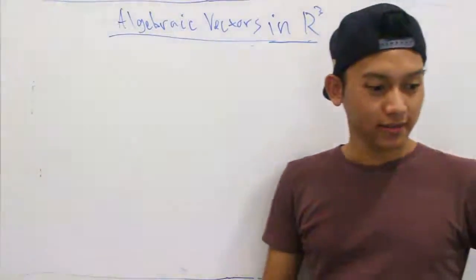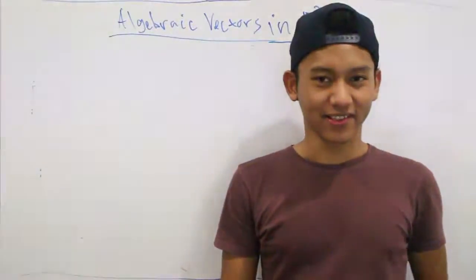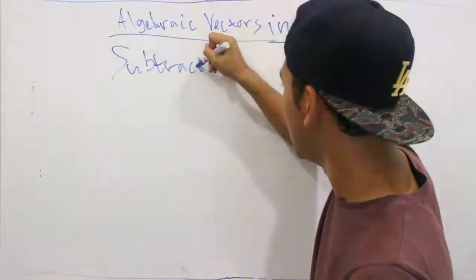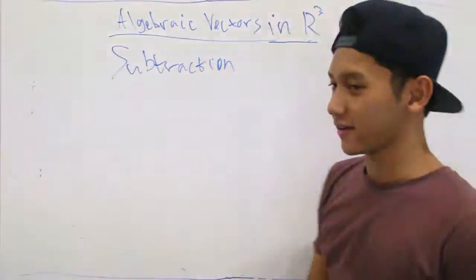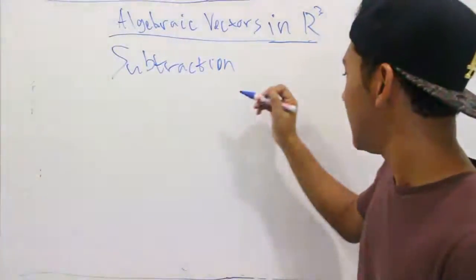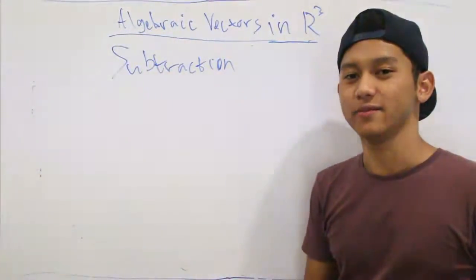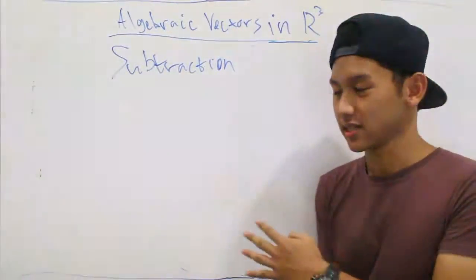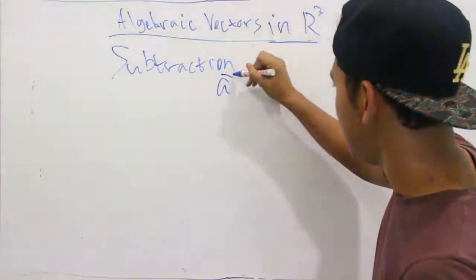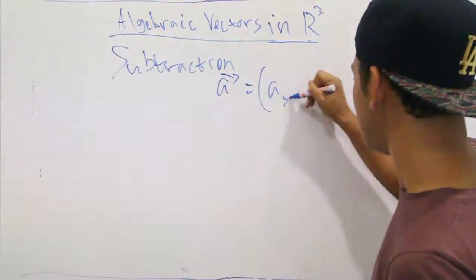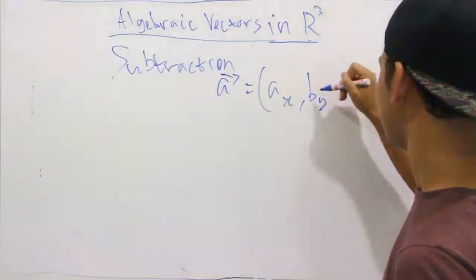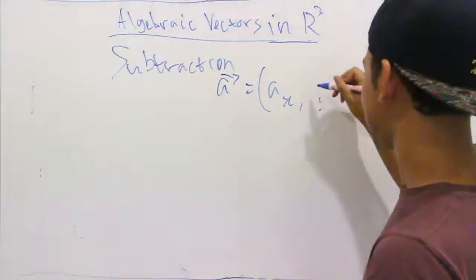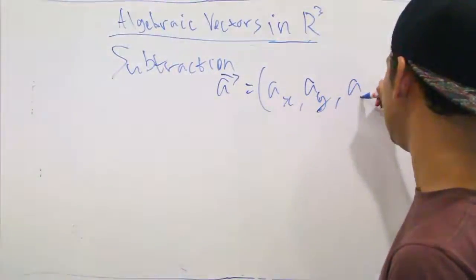Okay, now we're going to talk about the subtraction of 3D algebraic vectors. Now it's the same thing as the addition, but this time we subtract the second vector from the first vector. Let's say vector A will be AX, AY, and AZ.